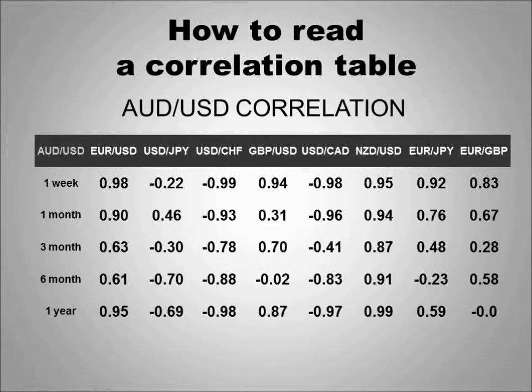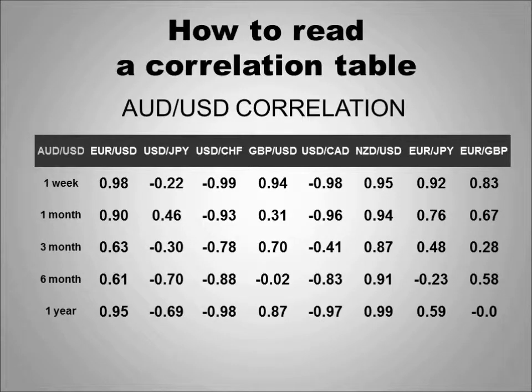And notice that there's a high correlation with the New Zealand dollar US dollar pair. So remember, as I mentioned in previous videos, that there seems to be a very close relation with the Australian economy and the New Zealand economy. Remember, what happens in the Australian economy has a big effect on what happens in the New Zealand economy.